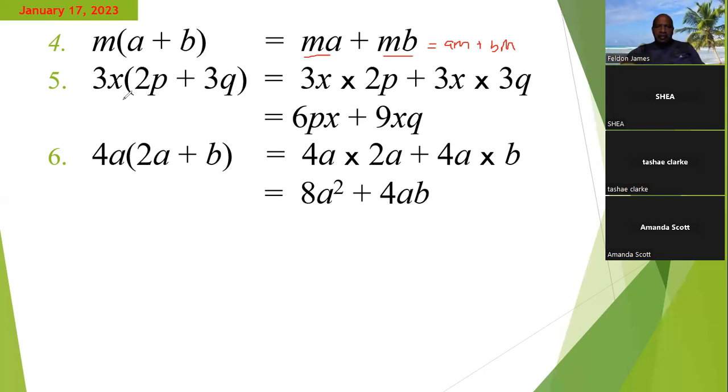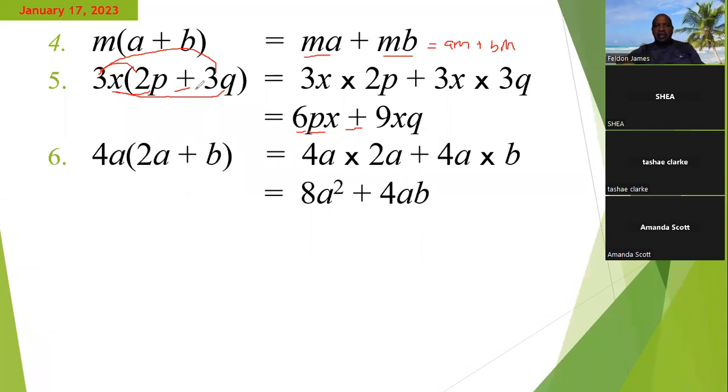All right, so with that said, here now we have 3x times 2p. So we multiply the numbers together, 2 times 3 is 6, and then we group the letters together. So that would be 6px. Now, maintaining the sign in the bracket, we have plus. Then we say 3 times 3 gives you 9, and then group the letters together.